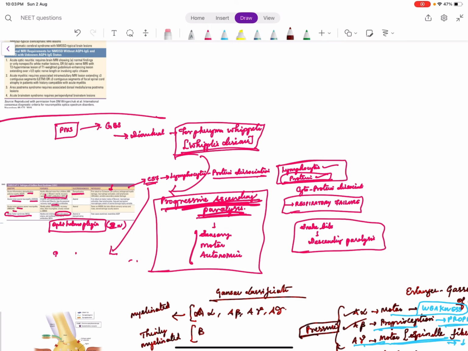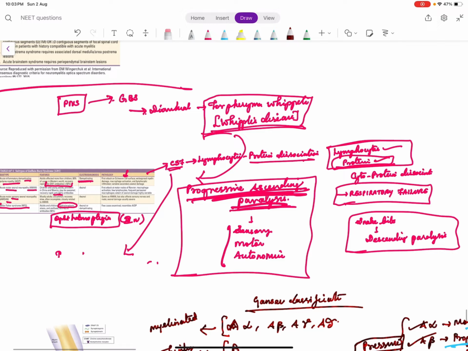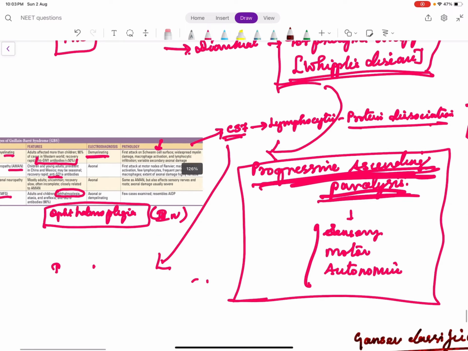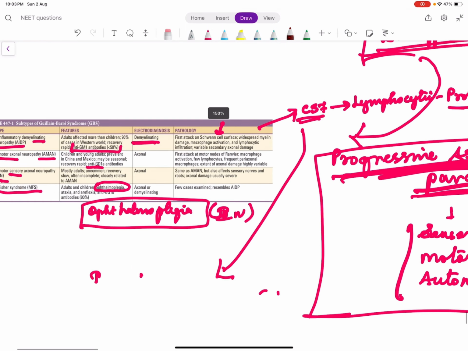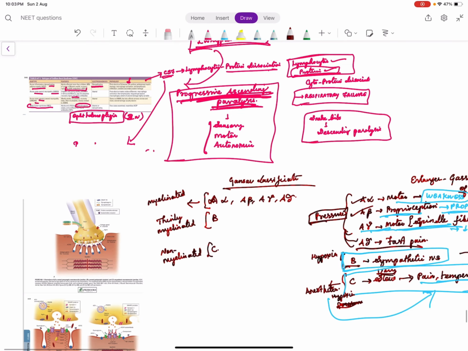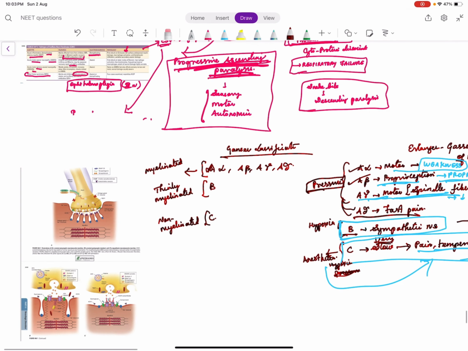There can be toxic damage, there can be ischemic damage, there can be hypoxic damage. So likewise, there are so many causes, so many pathologies, right? But from an examination point of view, GBS is more than enough. Okay, GBS, especially AIDP variant, is more than enough to understand.